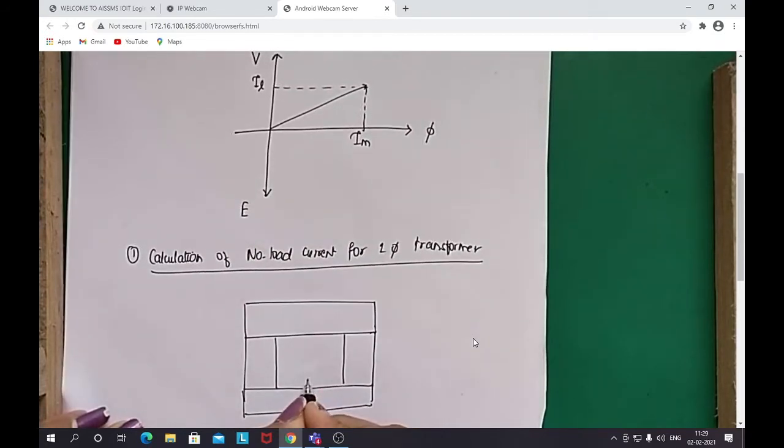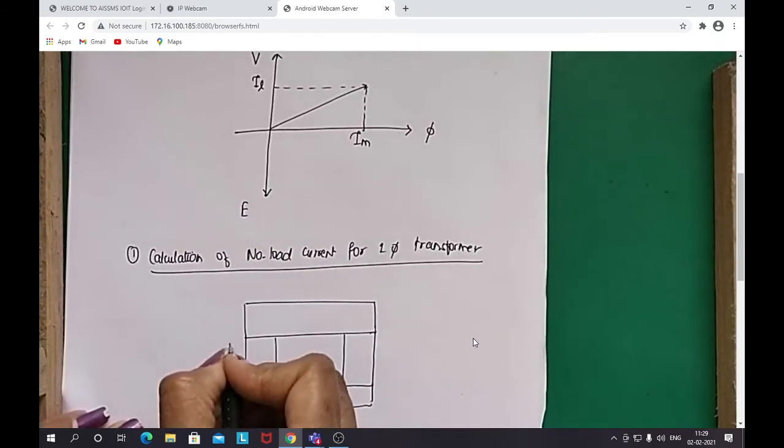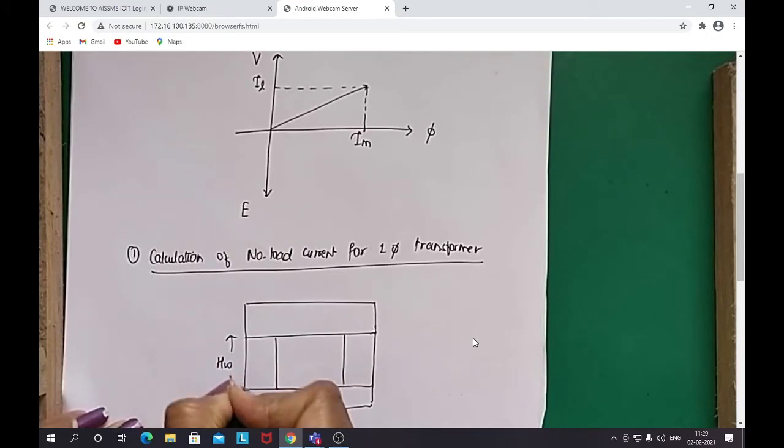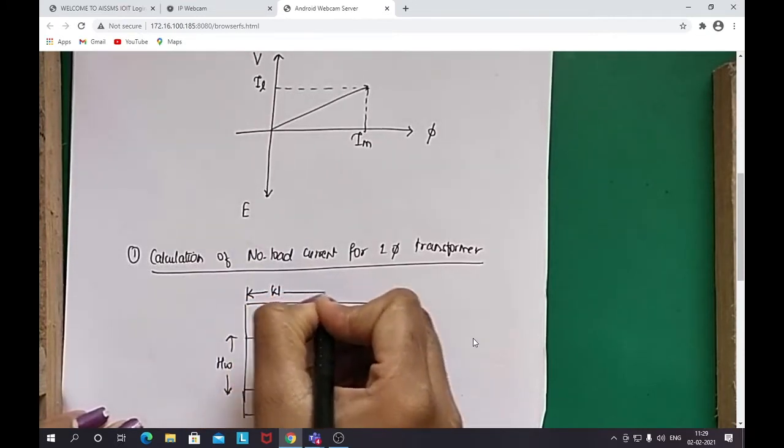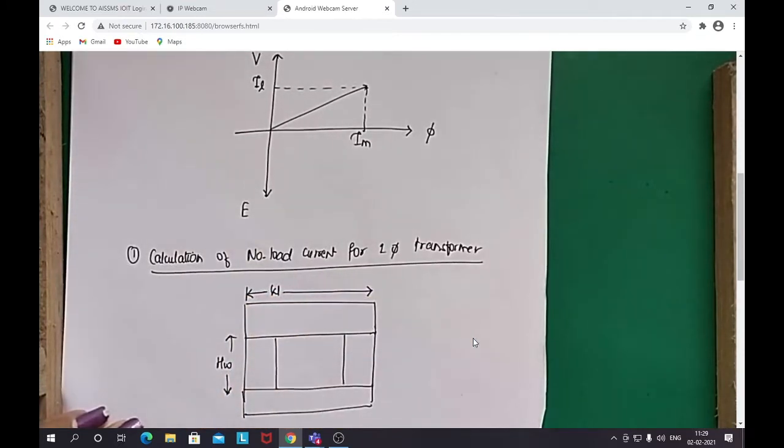This is your window space. We can call this HW, which is height of the window, and this is the capital W, that is the width of your complete frame.